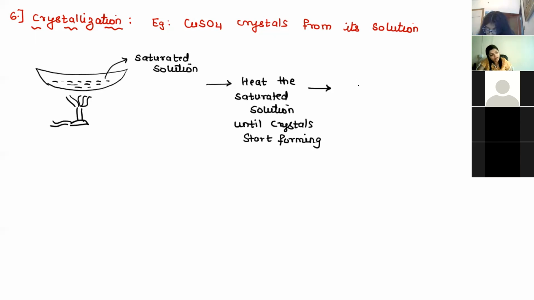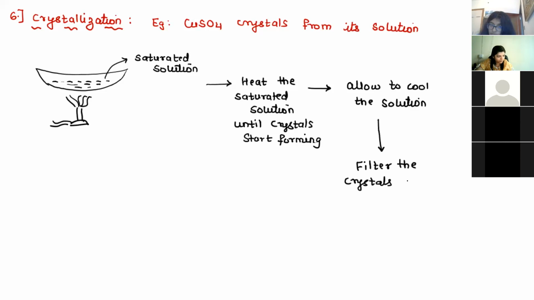Then allow the solution to cool. Once the solution is cooled down, the crystals will start accumulating. Then filter the crystals to remove excess water.